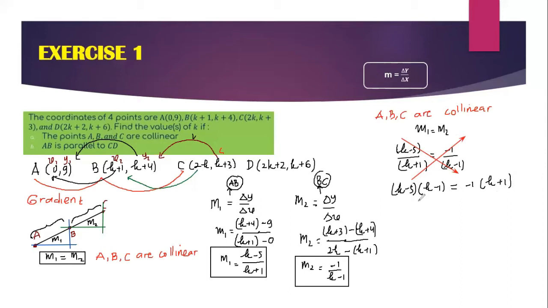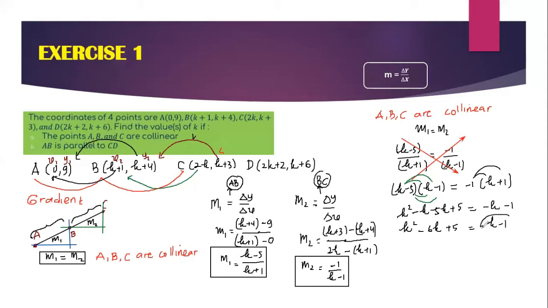This is a quadratic equation, so remember this one. So k squared minus k minus 5k plus 5 equals minus k minus 1, that is, k squared minus 6k plus 5 equals minus k minus 1.